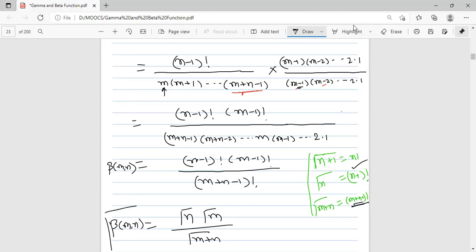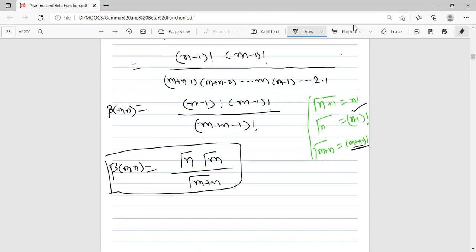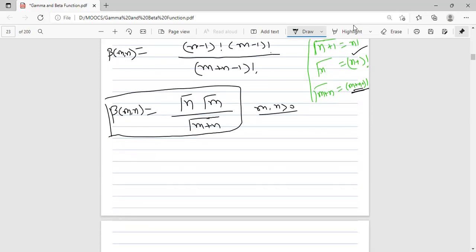Beta mn is equal to gamma m into gamma n divided by gamma m plus n. Okay, now we are getting a beautiful result.